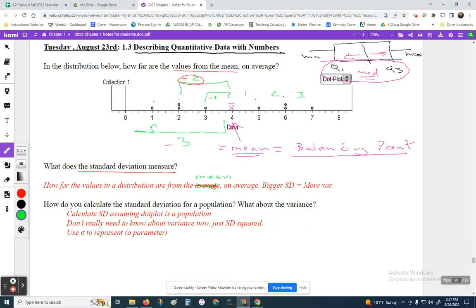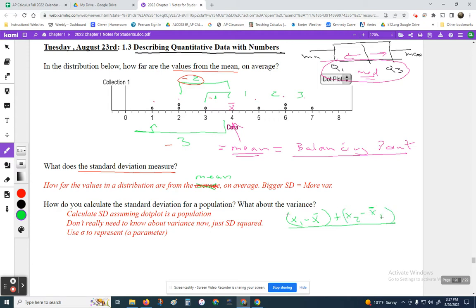And this is what it looks like. So this is what the standard deviation looks like. This is the long version. We have x1 minus x bar plus x2 minus x bar.